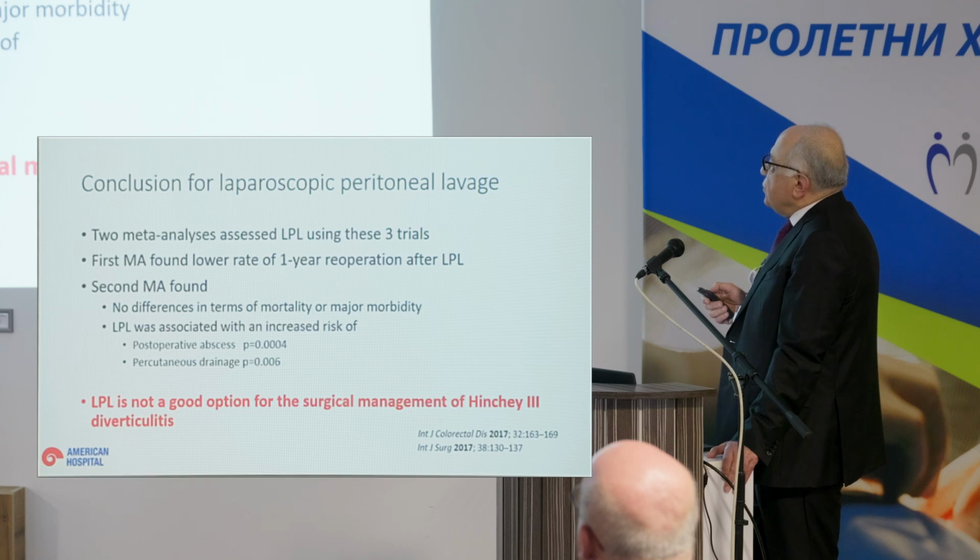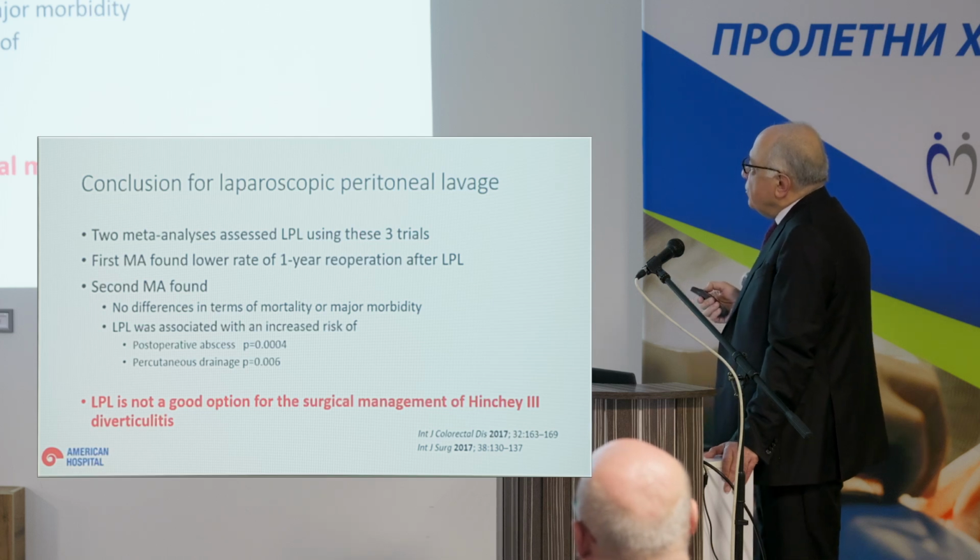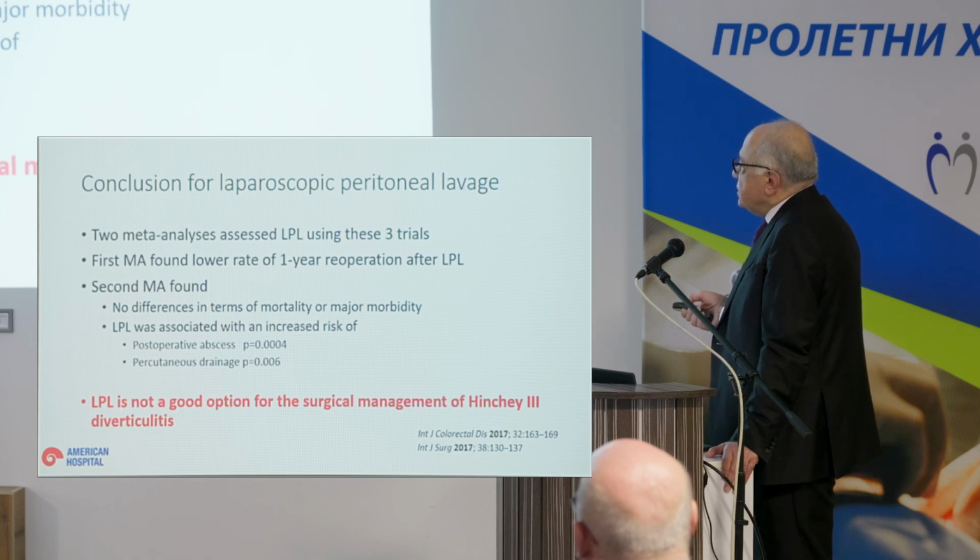What can we conclude about the laparoscopic peritoneal lavage? The two meta-analyses included these 3 trials for the comparison of lavage versus surgery, and laparoscopic lavage is not a good option for the surgical management of Hinchey 3 diverticulitis.